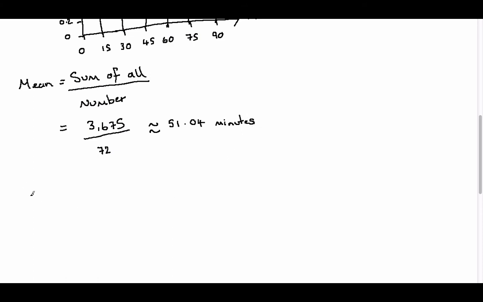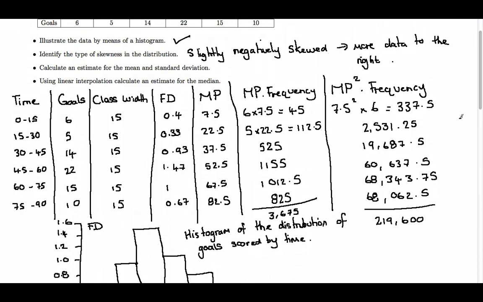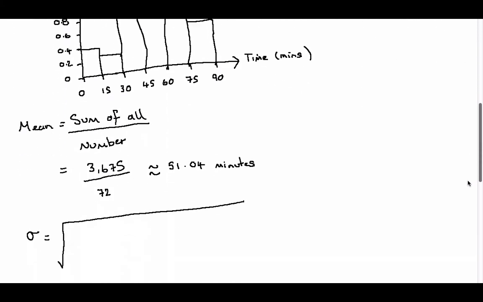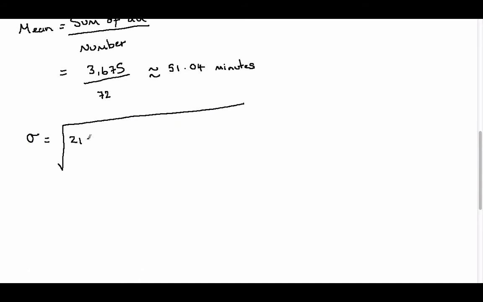Now the standard deviation, to calculate that, it is the square root of the sum of midpoint squared times frequency. So it is 219,600 divided by 72, the number, minus the mean squared. So it's 3,675 over 72, all squared.